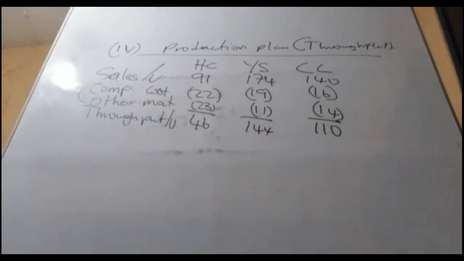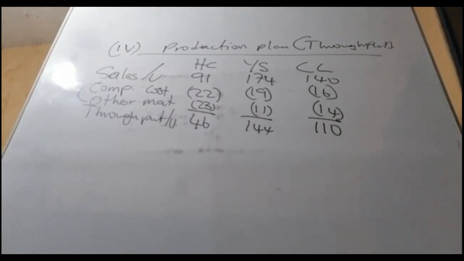Now we are able to determine the throughput per unit. The next one is bringing the limiting factor in.